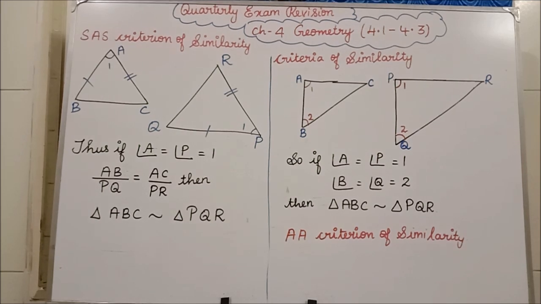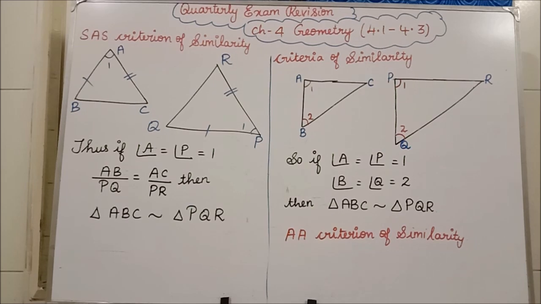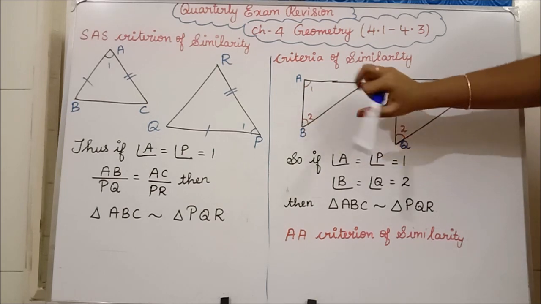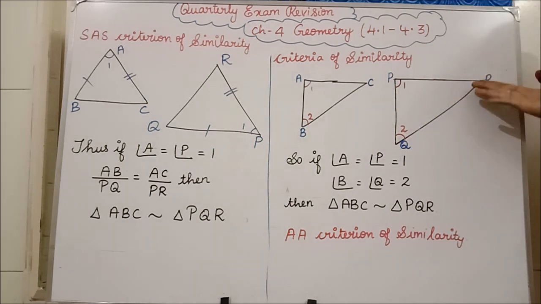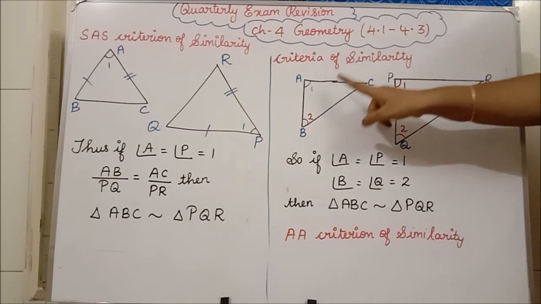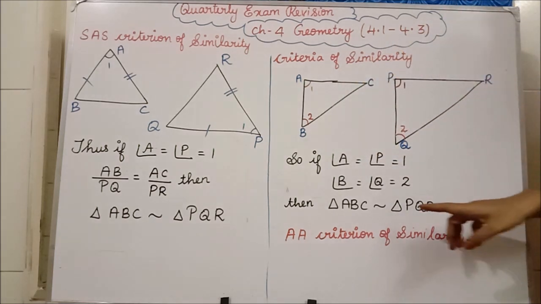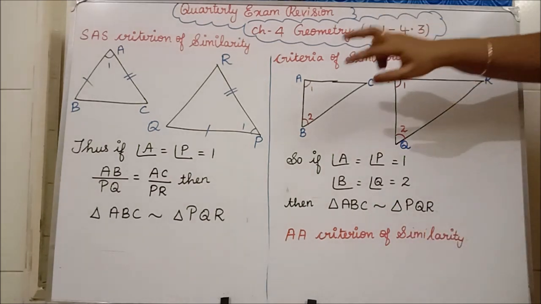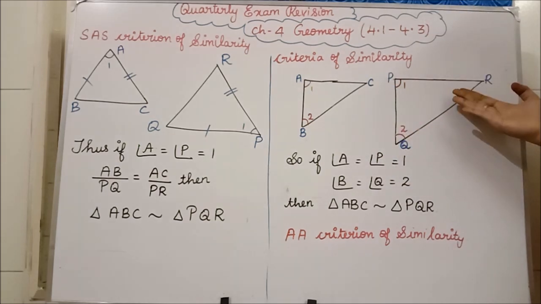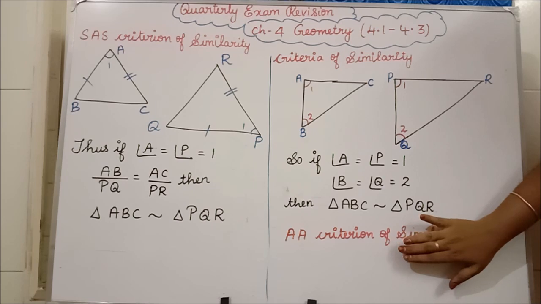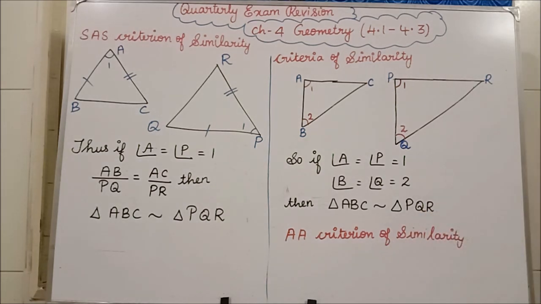AA criterion means two angles of one triangle are equal to two angles of another triangle, then the two triangles are similar by AA criterion.